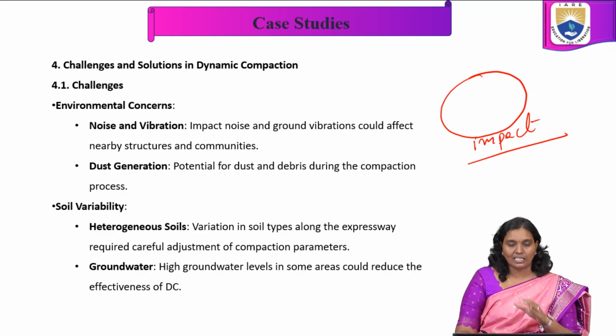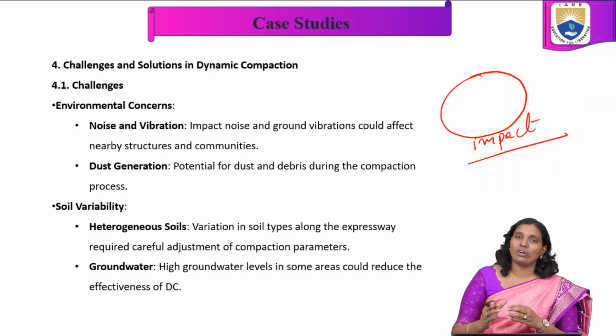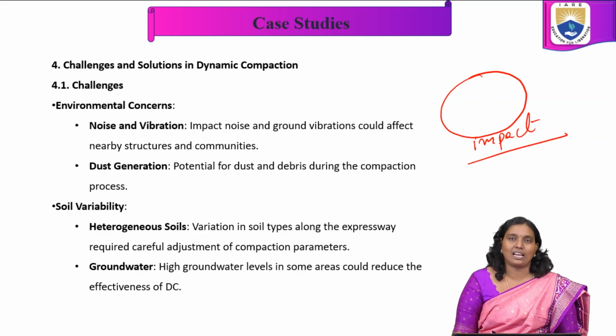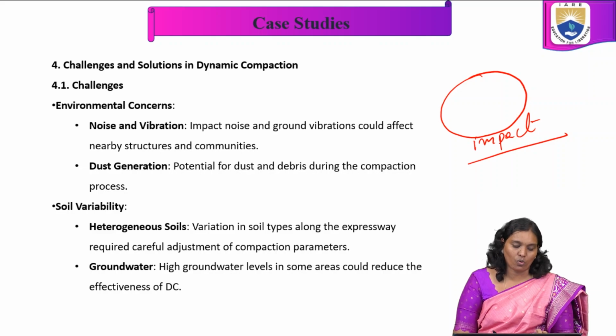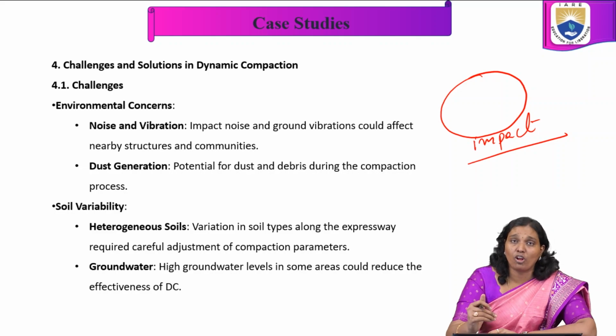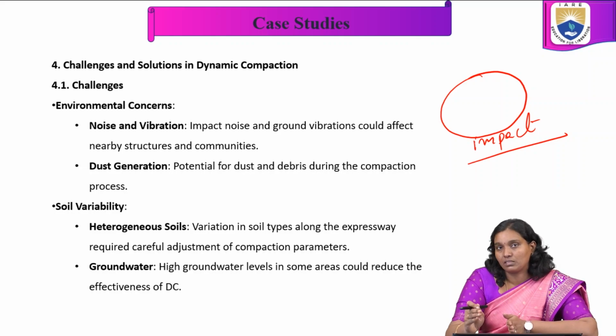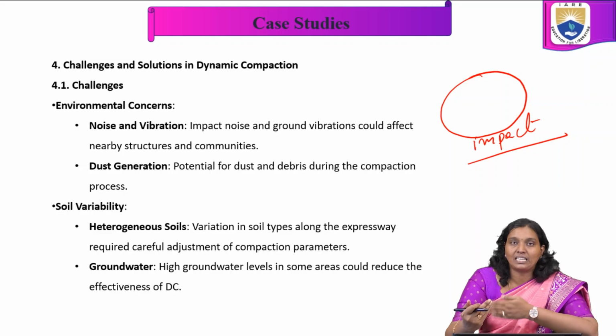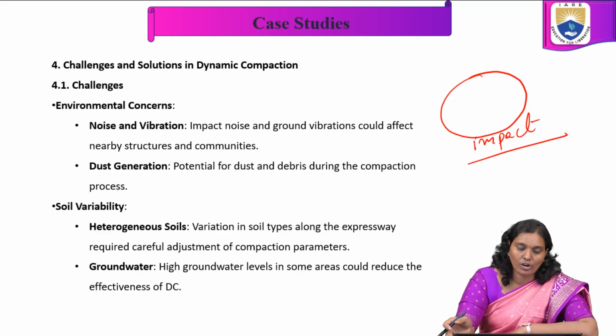So we have to understand the nearby surroundings once we choose dynamic compaction; it plays an important role. Also, in these environmental concerns, noise and ground vibrations from the impact could affect nearby structures and communities, so we have to choose the timings carefully for better results from an environmental point of view.